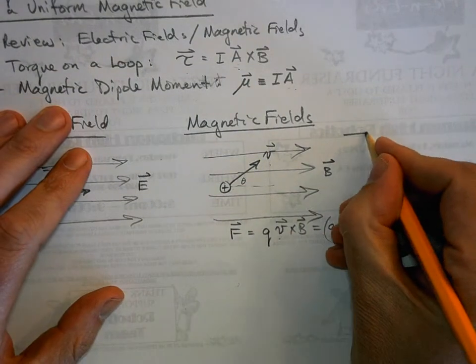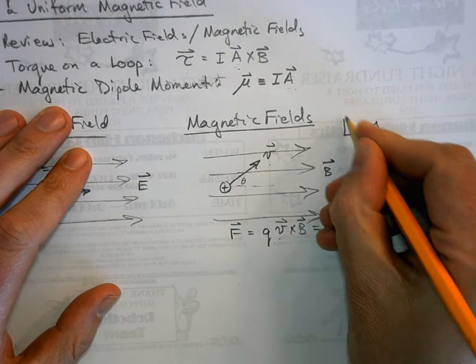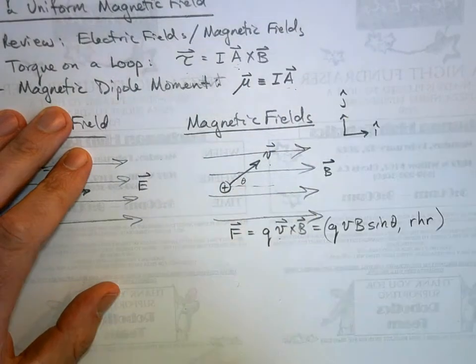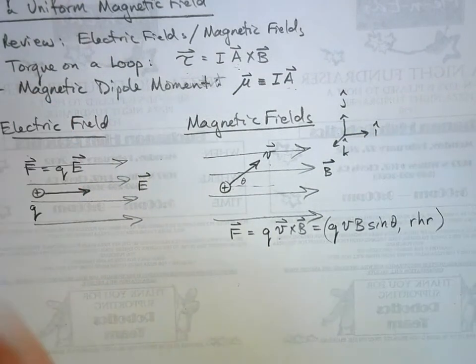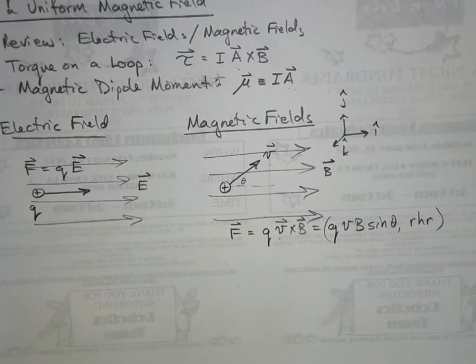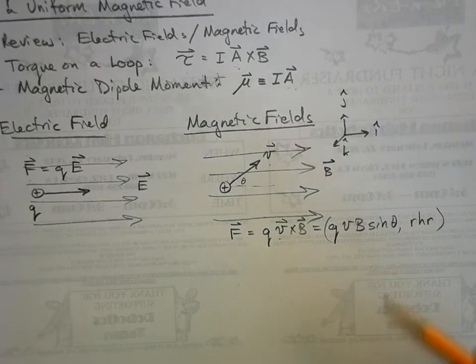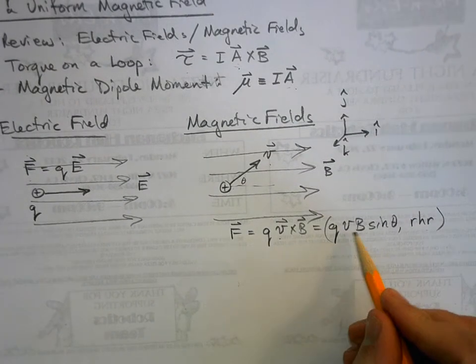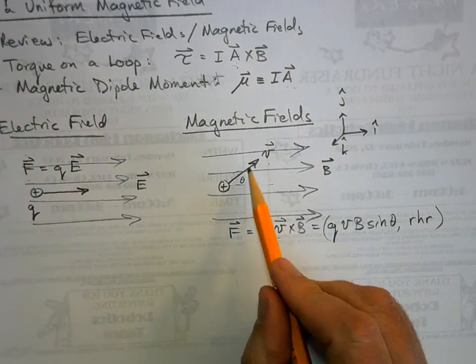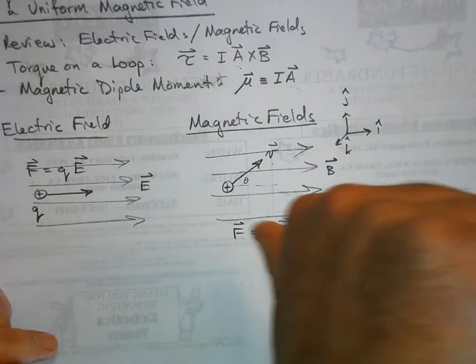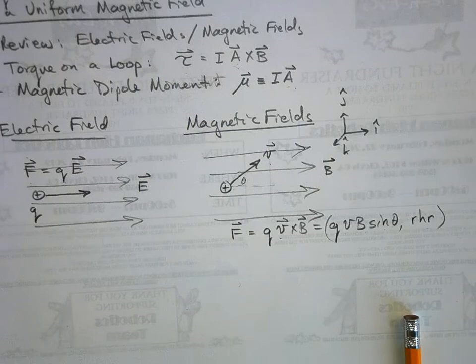Let's make this i hat, j hat, and k hat coming out of the board. So with this right-hand rule, this will be QVB sine theta in the negative k hat direction, right? Negative k hat, because V cross B, my thumb is going to be pointing down into the paper. So that's what magnetic fields are.